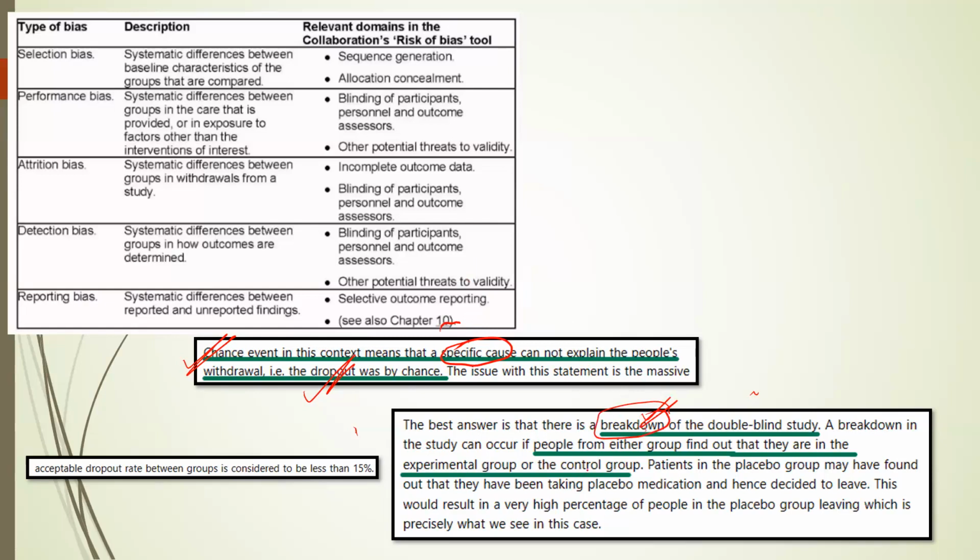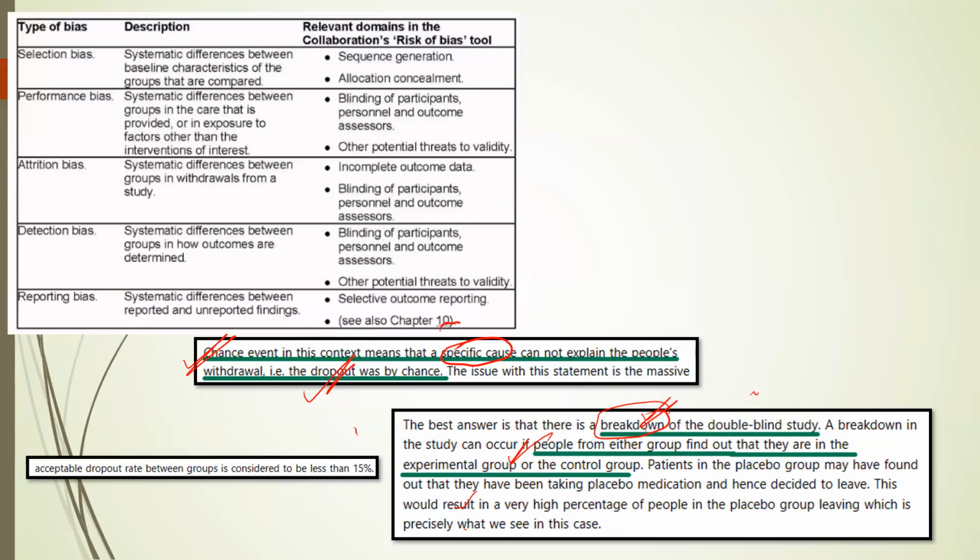Another important failure with respect to a study, apart from attrition and bias, would be breakdown. And what is breakdown? So remember, a breakdown is said to occur if people from either group know that they belong to the respective group. Like we know in a blinded study, especially in a double and a triple blinded study, the patient or the subject, the doctor and the statistician are generally unaware of each other.